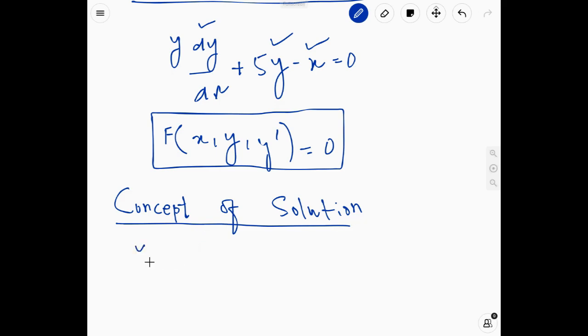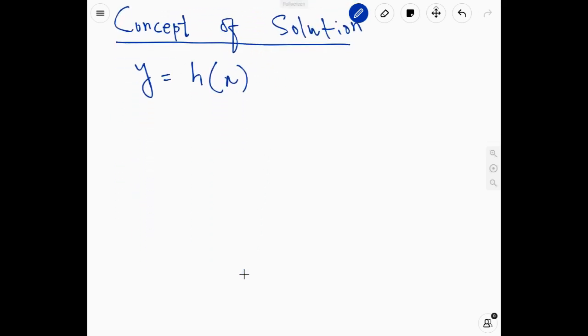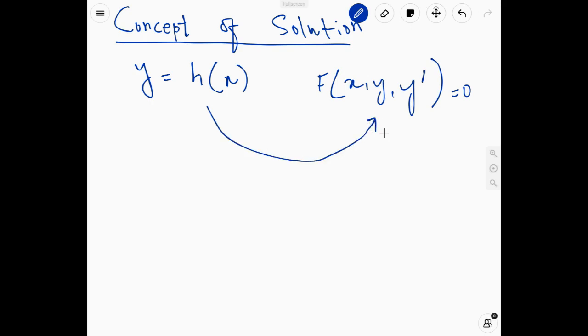Since the unknown function is a function of the independent variable, we call the solution h of x. So we have assumed that y is equal to h of x is the solution of the differential equation F of x, y, and y prime is equal to 0.